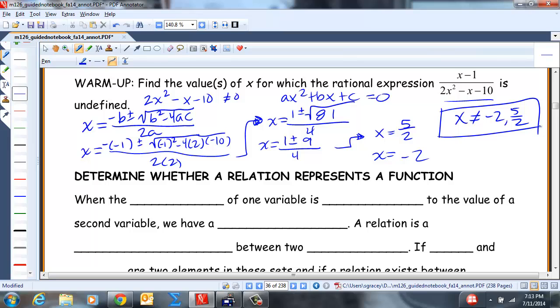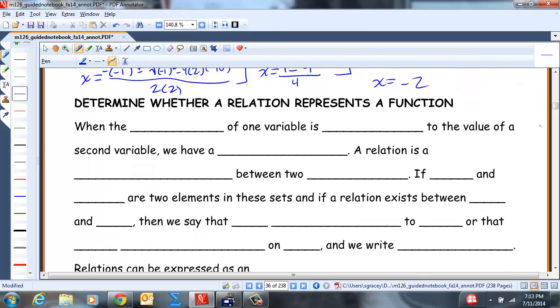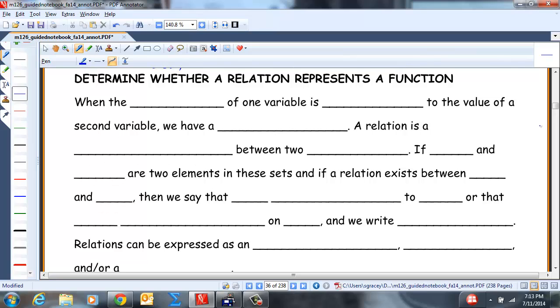All right. So now we get into determining whether a relation represents a function. So when the value of one variable is related to the value of a second variable, we have, surprise, surprise, a relation.